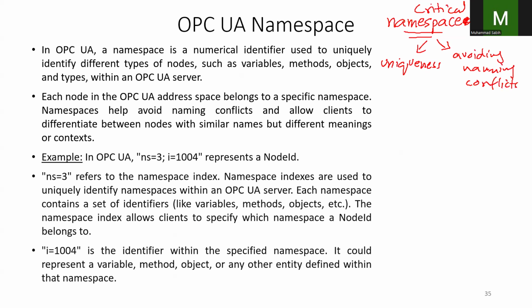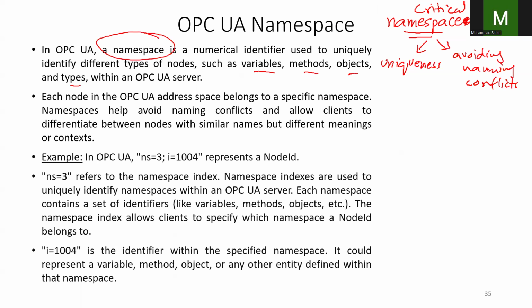Each node in this address space, whether it is a variable, method, object, or type, is identified not just by its name, but also by the namespace it belongs to. So everything belongs to a namespace here.